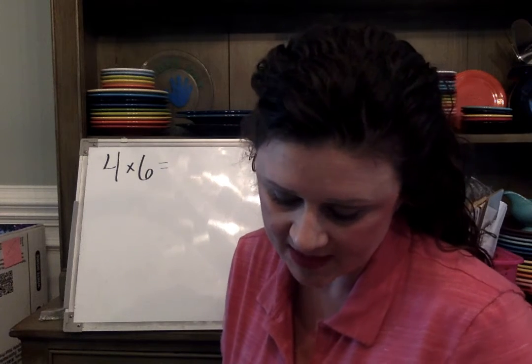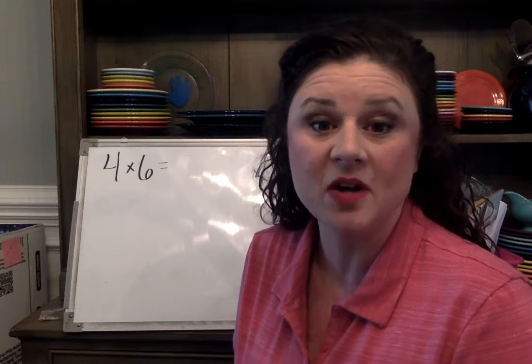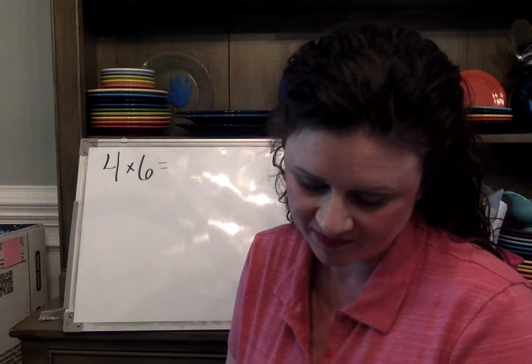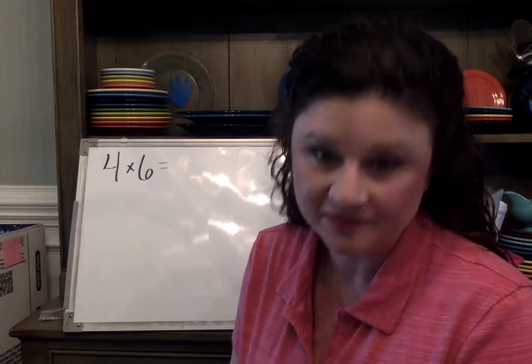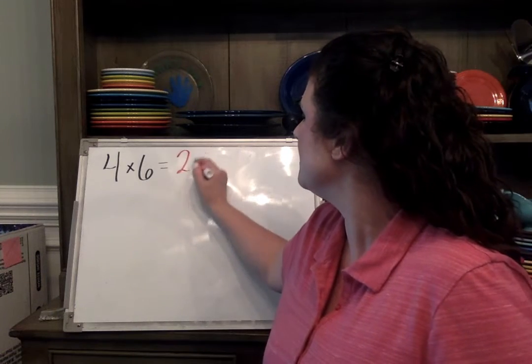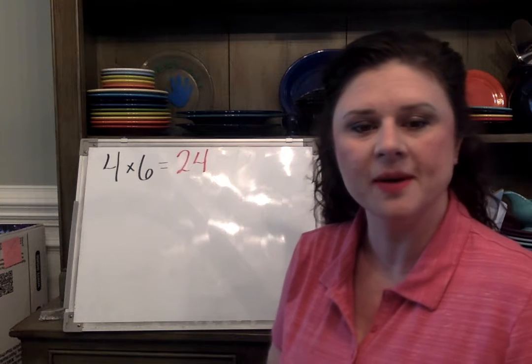4 times 6. So stop now and solve it, or you might know this one really quickly. 4 times 6 is 24. How did you know 4 times 6 is 24?